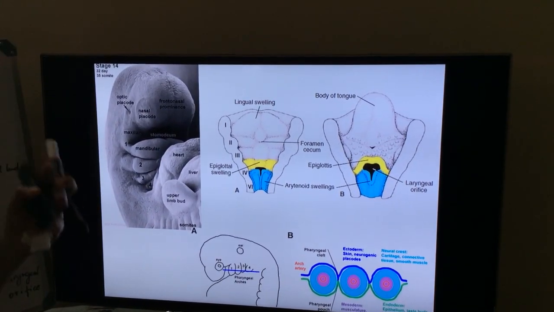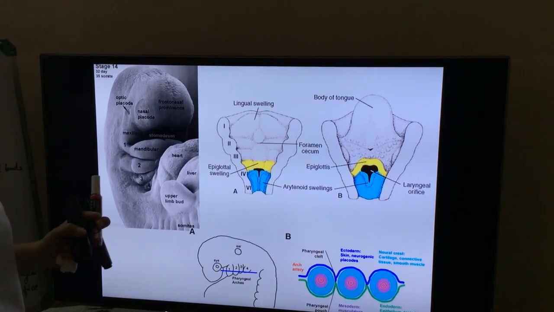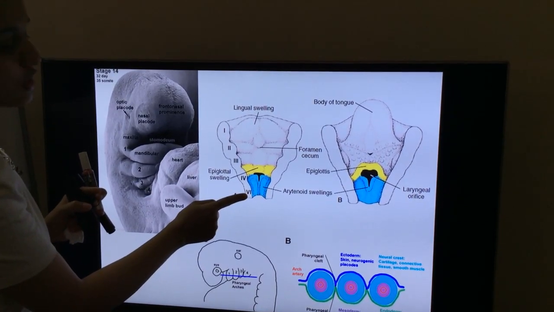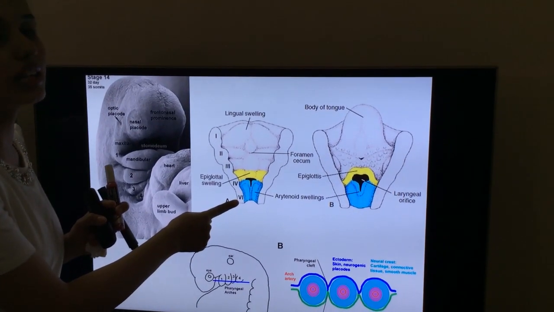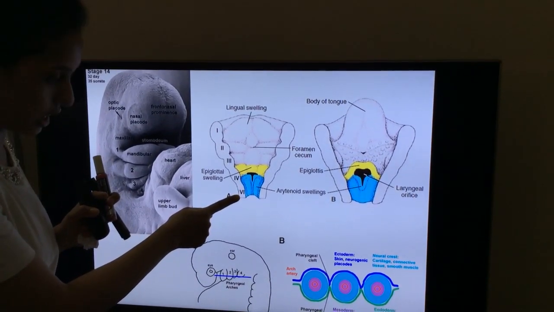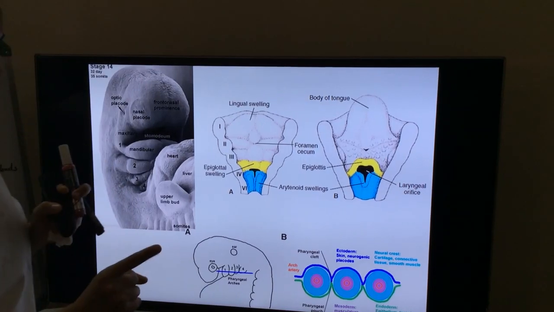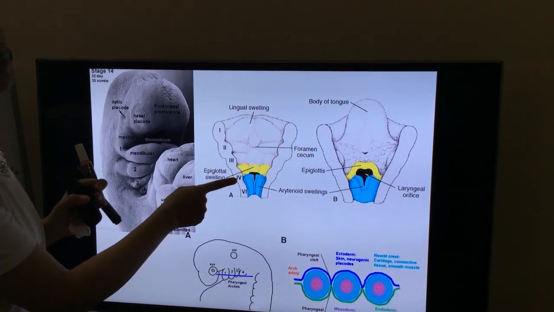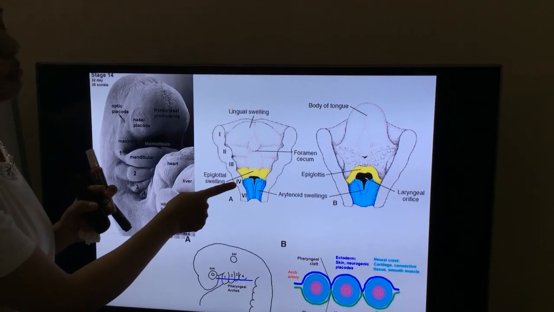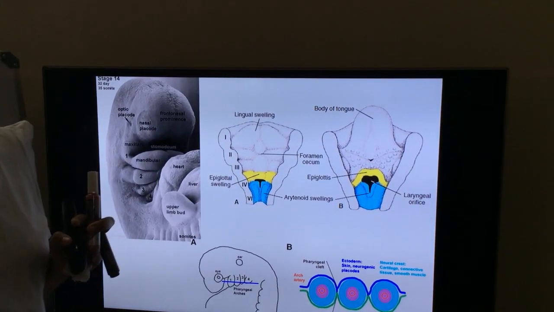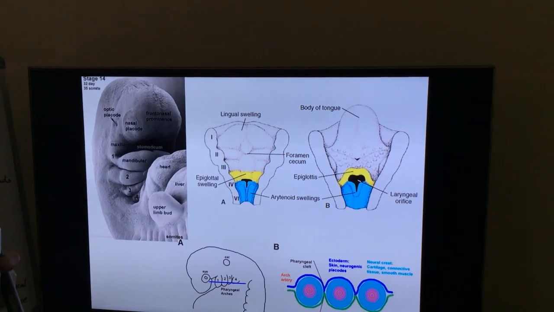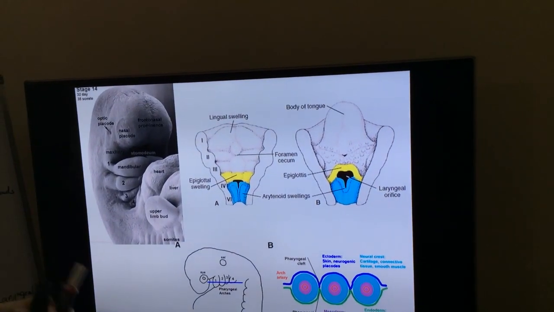So all the muscles of the larynx arise from sixth arch. That's why they are supplied by recurrent laryngeal nerve, which is a branch of vagus nerve, except cricothyroid, which takes origin from the fourth pharyngeal arch. That's why it is supplied by external laryngeal nerve, which is a branch of superior laryngeal nerve. Again, it is a branch of vagus nerve.